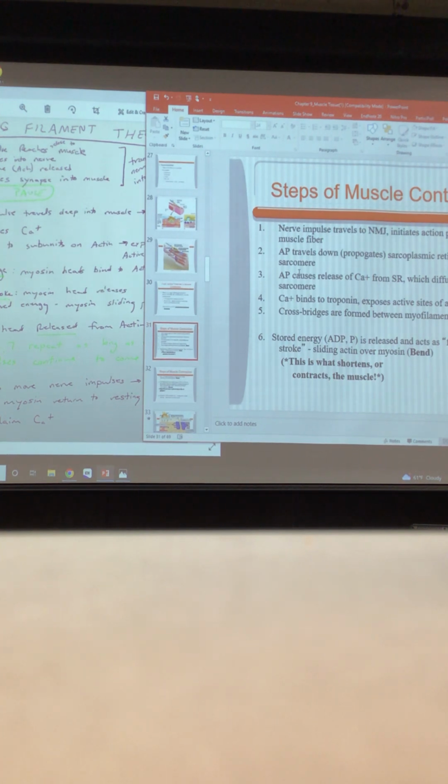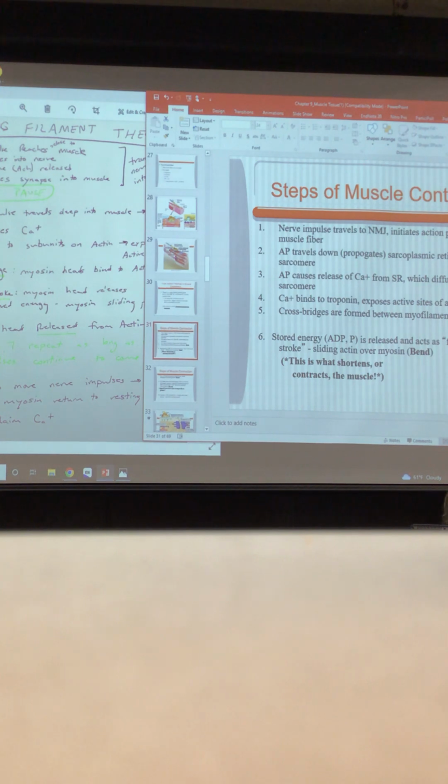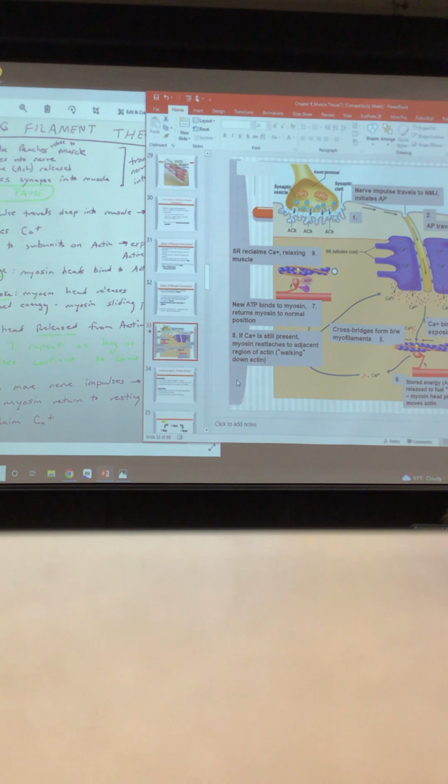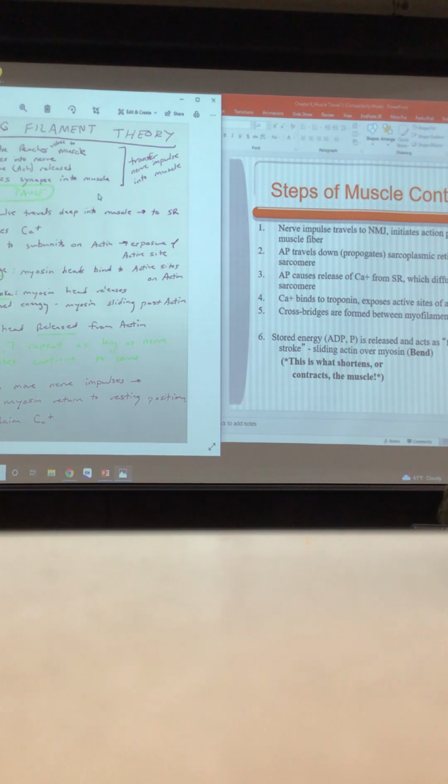Okay, here we go. We're going to break it down into approximately 8 or 9 steps, depending on how you look at it. I already said the first step: the nerve impulse travels to the neuromuscular junction and crosses into the muscle. You can see I have it written in words on the PowerPoint, and I have it summarized here also.